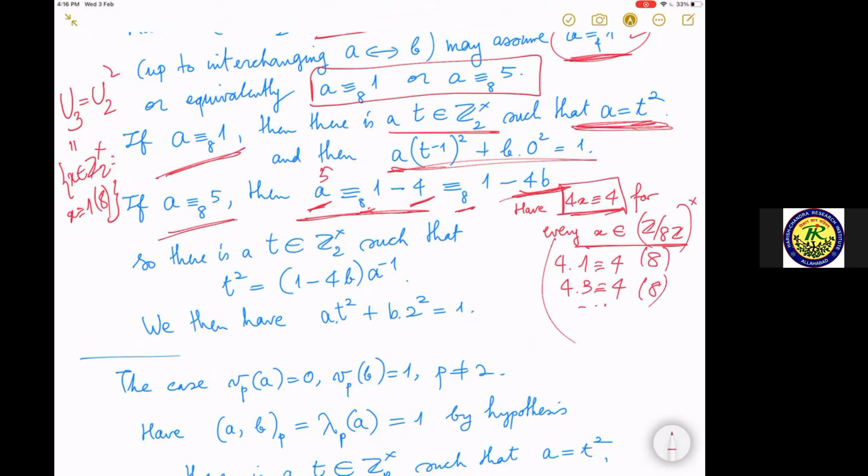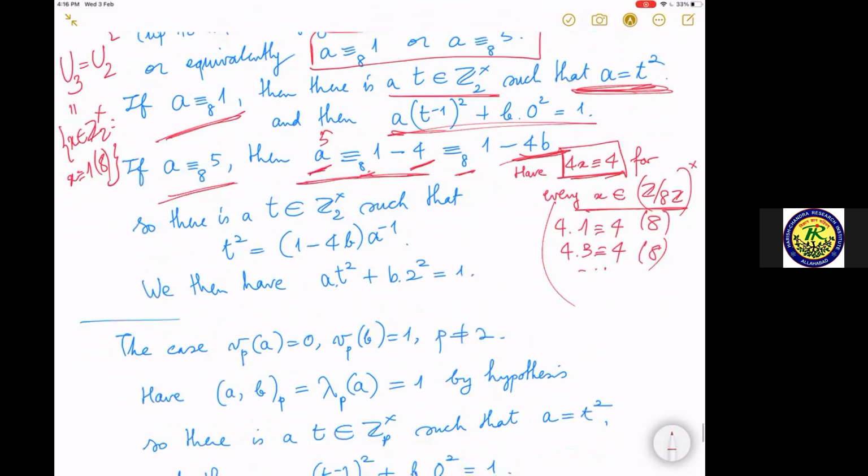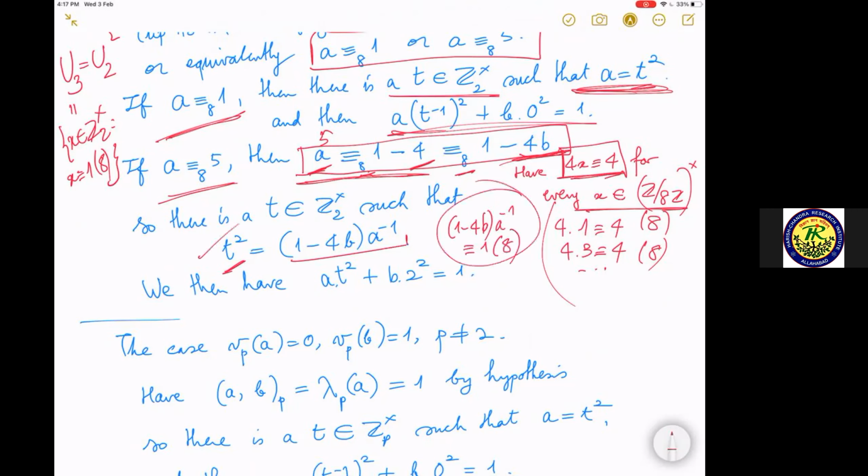So, if a is congruent to 1 minus 4b, then 1 minus 4b times a inverse is a square. That's the same as saying that 1 minus 4b times a inverse is congruent to 1 modulo 8. And that's why it's going to be a square. And then you get this solution.